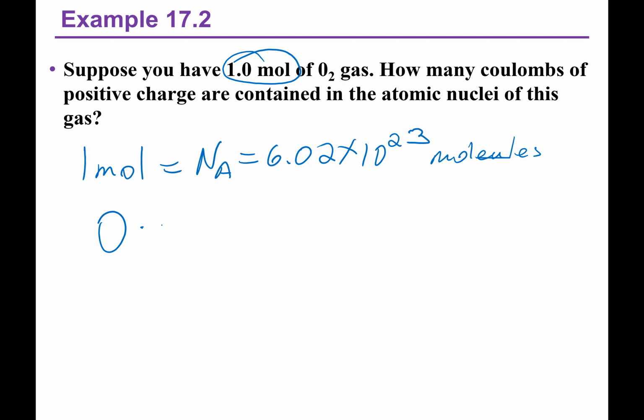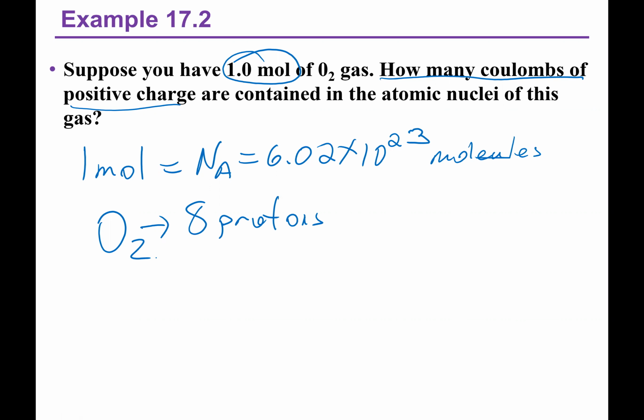All right, so now the question is how many coulombs of positive charge are contained in the atomic nuclei of this gas? If you remember your periodic table, or if you have something you can look up, oxygen has 8 protons.